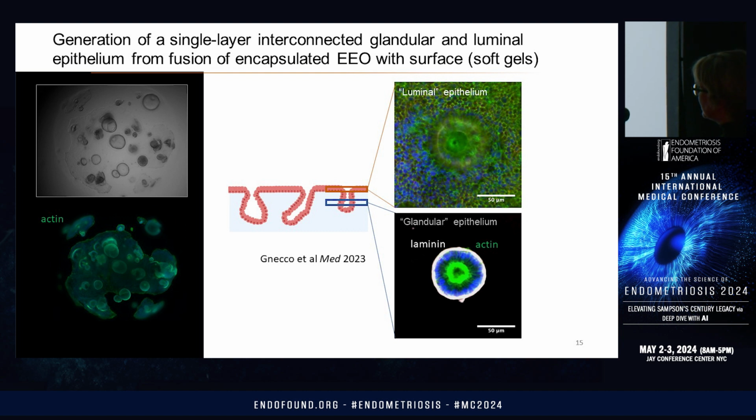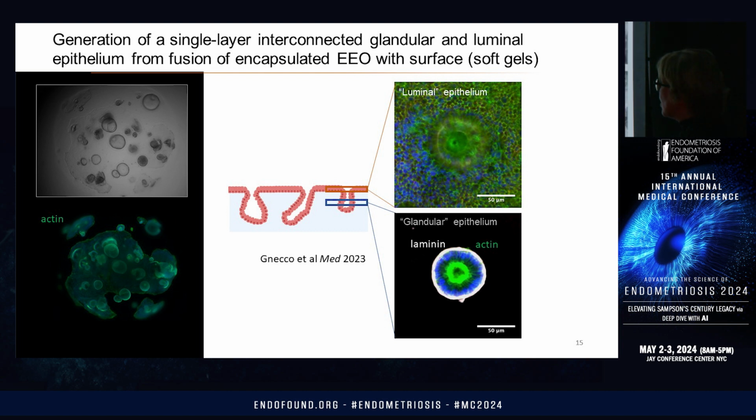So if you look at a droplet and you look at day 7, you can see that there's this green haze, and that's because organoids have fused and grown along the surface to make a gland lumen structure. So we're now exploiting this to make features that look like endometrium. If we image, you can see the beautiful luminal epithelium characterized by apical actin, and if we image further down, these cells have deposited their own basement membrane characterized by laminin and have a beautiful polarity.